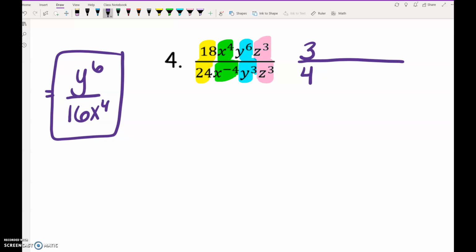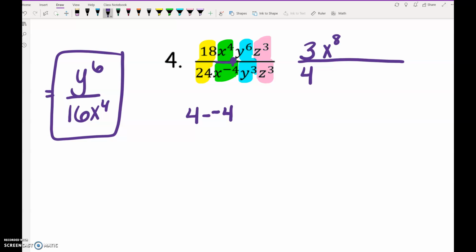Okay, x to the fourth divided by x to the negative fourth. If we're dividing, we subtract our exponents. What is 4 minus a negative 4? 8. So we have x to the 8th. Another way to think of this is x to the negative 4th needs to move to the top, and it'd be x to the 4th on the top, so then 4 and 4 would make 8 of those x's on the top.